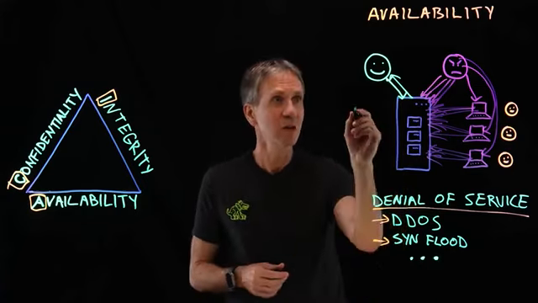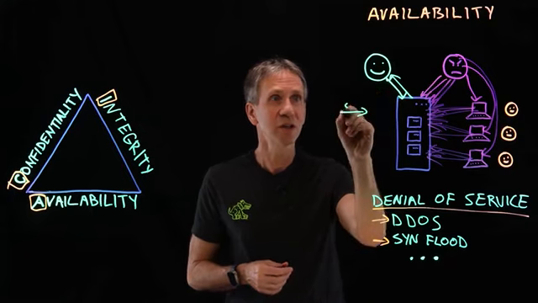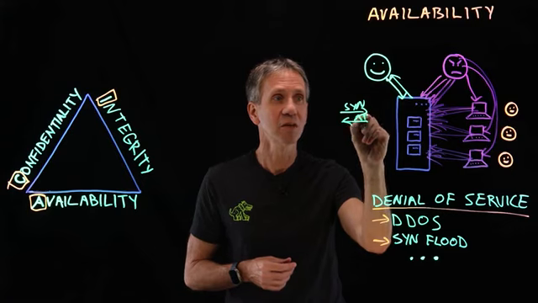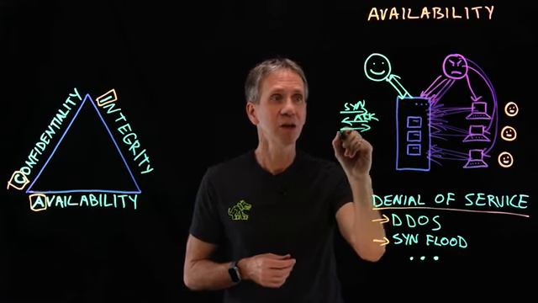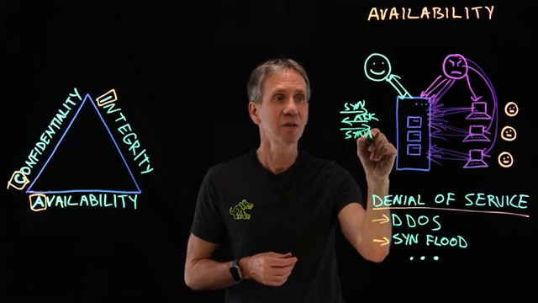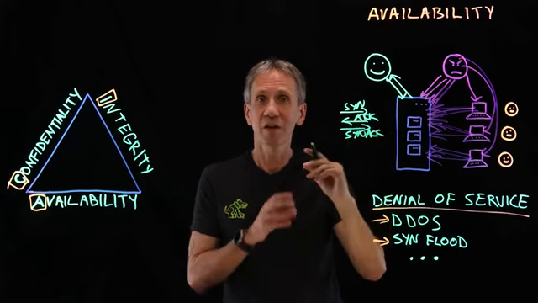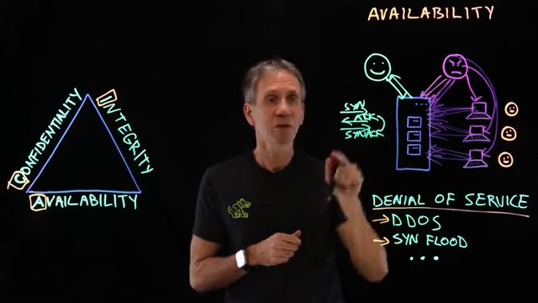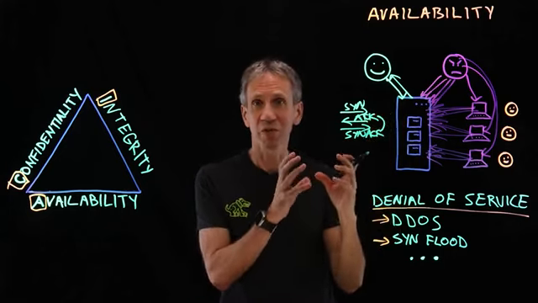What occurs is you have someone who sends a SYN message, they get back from the server an acknowledgement, and then they're supposed to respond with a SYN ACK. That's the three-way handshake. In between these two, the server is going to reserve some resources for that session.